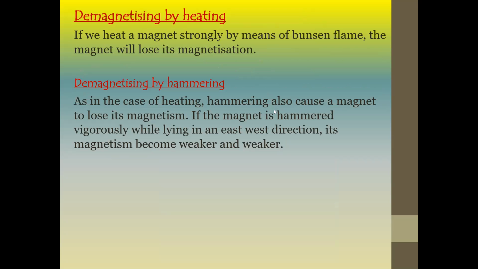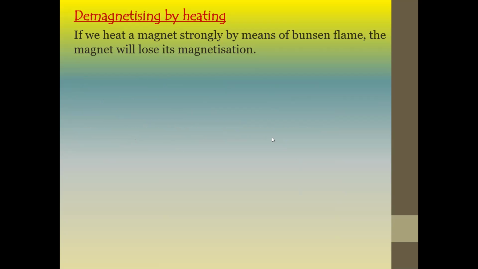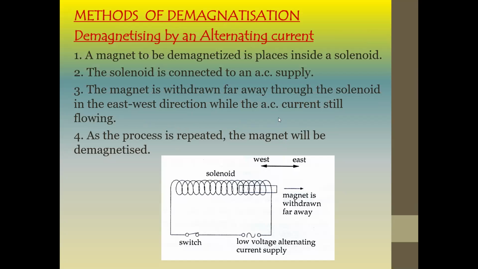In both cases, it will become weaker and lose its magnetization. Is it clear, the methods of magnetization, how we can make a magnet and how we can demagnetize?